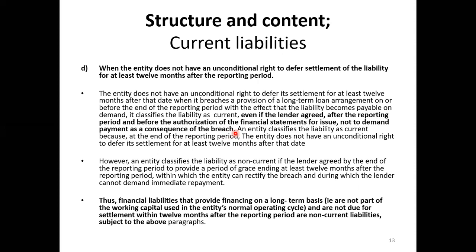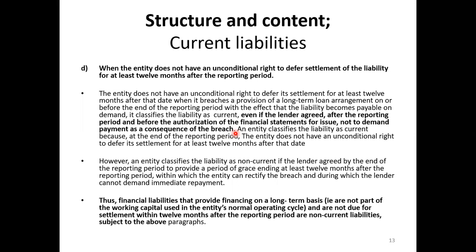So, for example, earlier the entity has agreed to pay a certain amount to a particular entity. They have agreed to settle within 12 months, right? But the entity did not honor the obligations, a breach of contract.